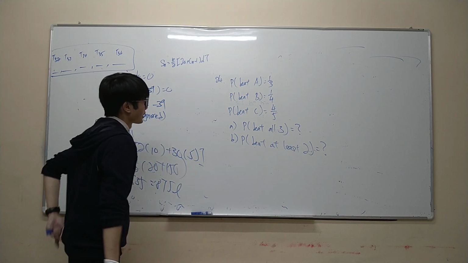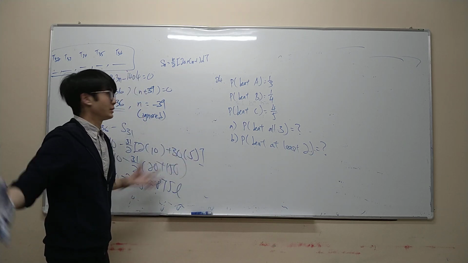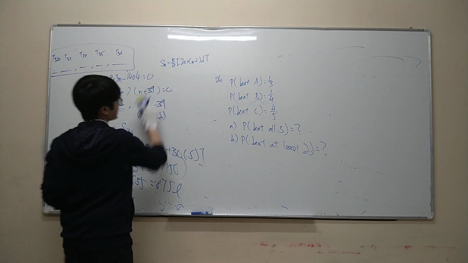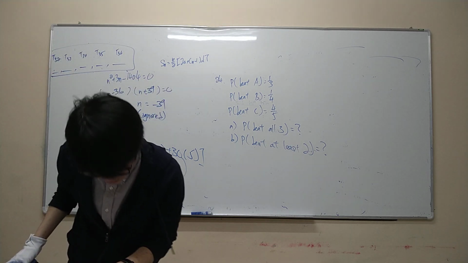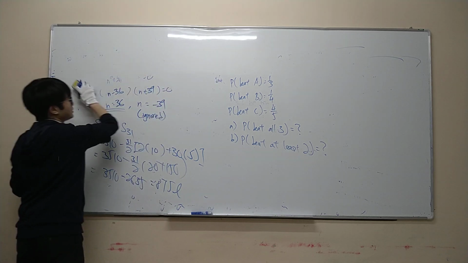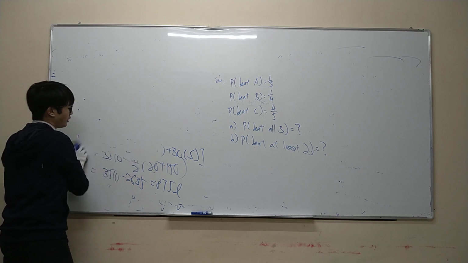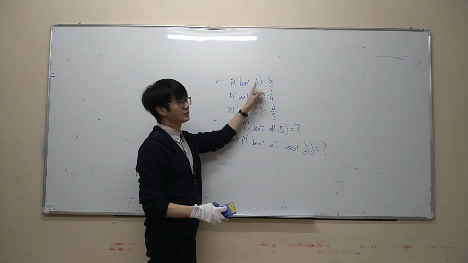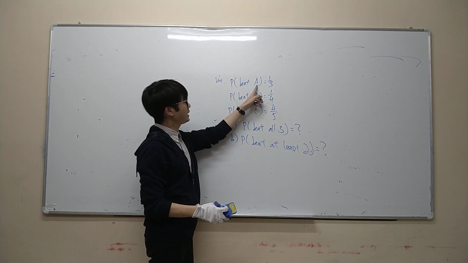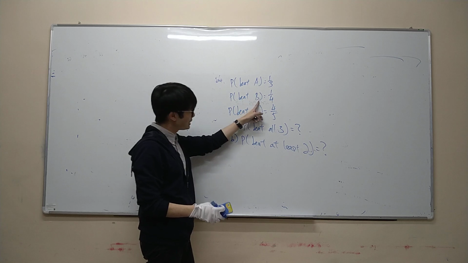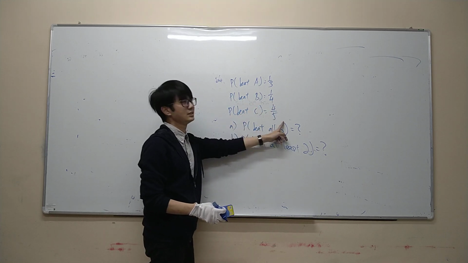Okay, first of all, let's consider all the possibilities. Natasha plays this game, and the probability of beating the first player, A, is 1/3. The probability of beating player B is this, and the probability of beating player C is this.